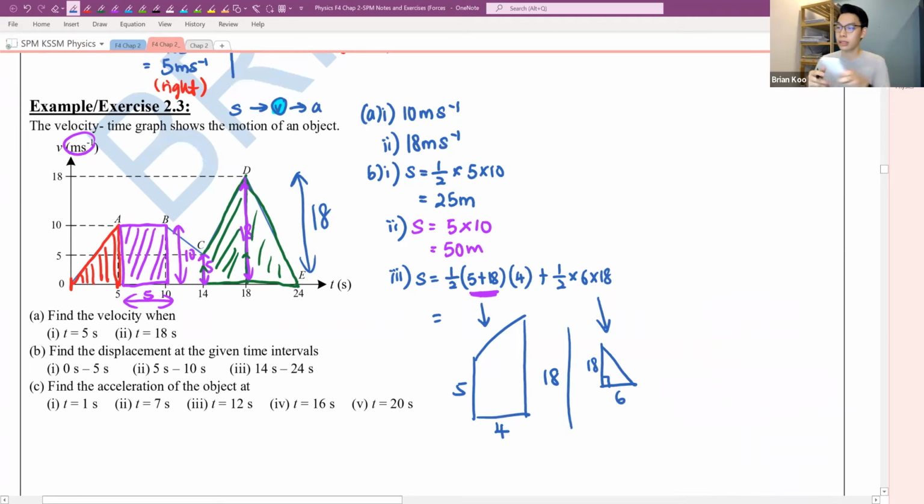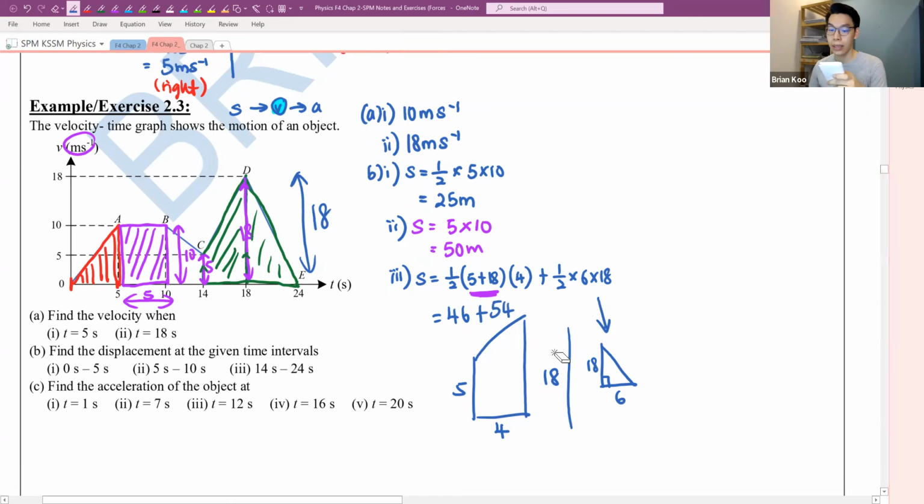Calculator time. You can type the whole thing out, but if you do it in one shot, just be careful. Make sure you have enough brackets and all that. So here will be 46. That's the trapezium part, the 14 to 18 seconds part. And then we have 54.